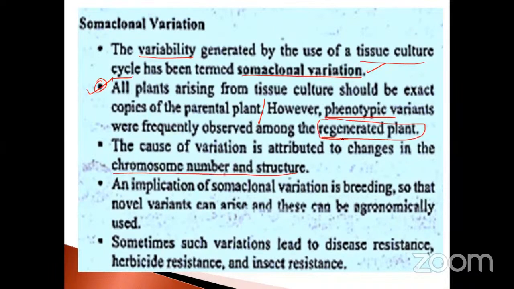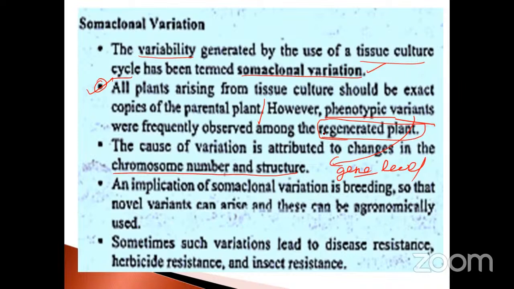In the regenerated plants also, how will it vary? Variation occurs first at the gene level, and then the chromosome number and structure variation takes place, which is also expressed in the phenotypical aspects. And the implication of somaclonal variation is in breeding, so that novel variants can arise, and then these can be used agronomically.